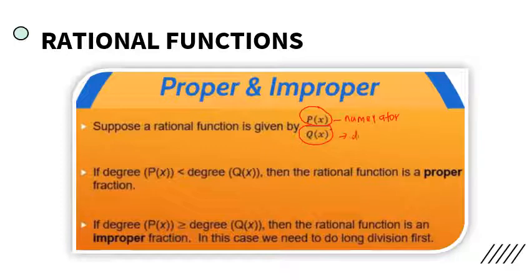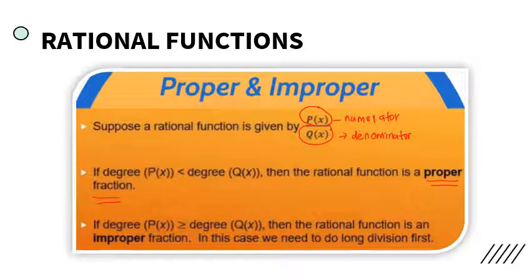If the degree of p(x) is less than the degree of q(x), meaning the degree of the numerator is less than the degree of the denominator, then the rational function is a proper fraction.